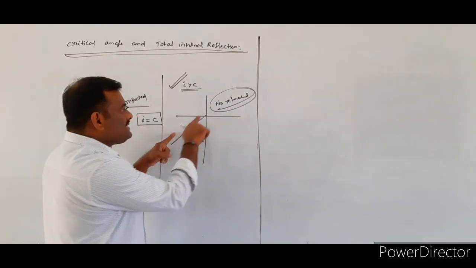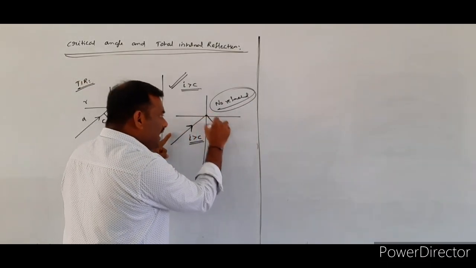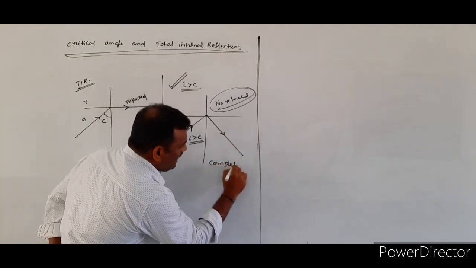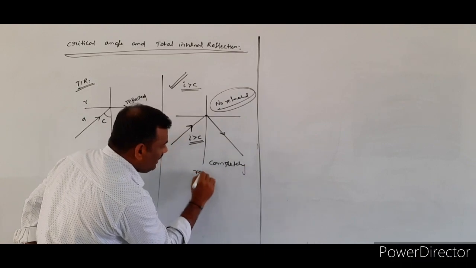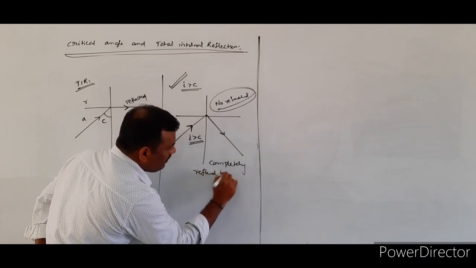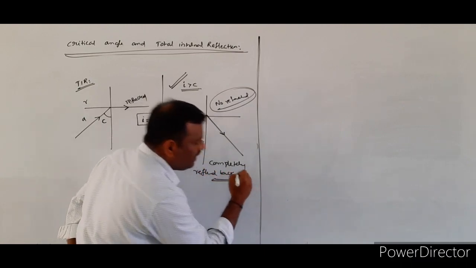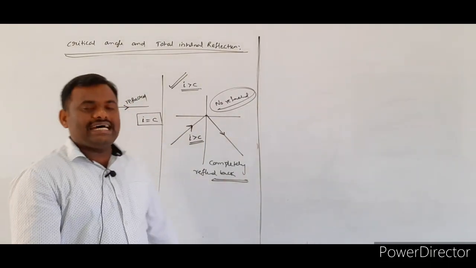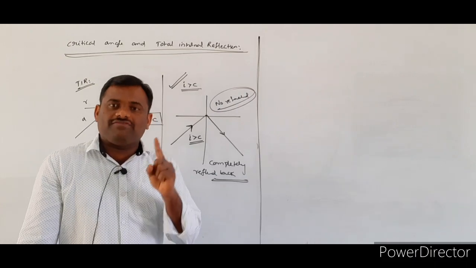Whatever light is incident at this interface will be completely reflected back within the same medium. Such a phenomenon is called total internal reflection.